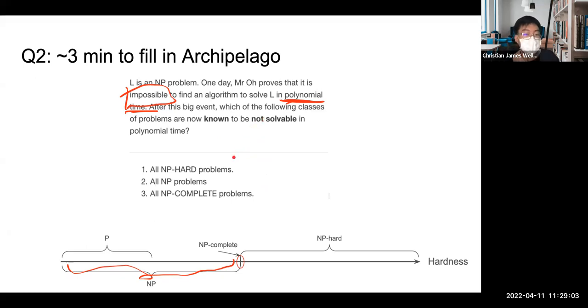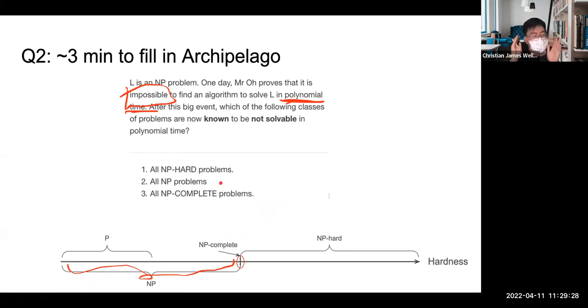Sorry, the problem is in NP. Suddenly, someone proved that there's no way this has a polynomial time solution. So among the options 1, 2, 3, which one of them do we not have a polynomial time solution for after this discovery?